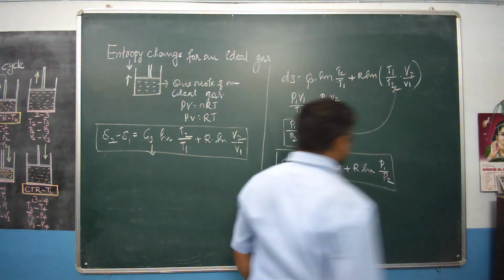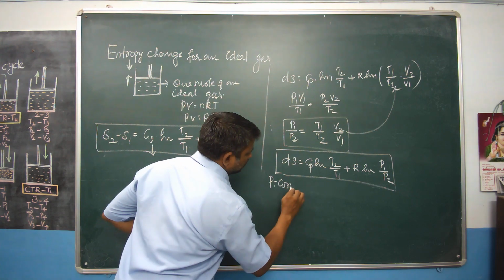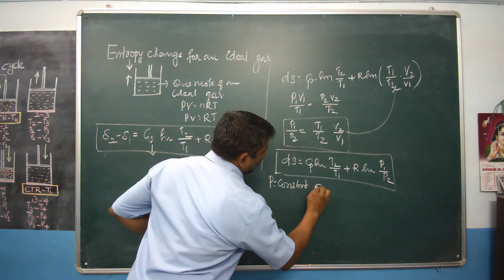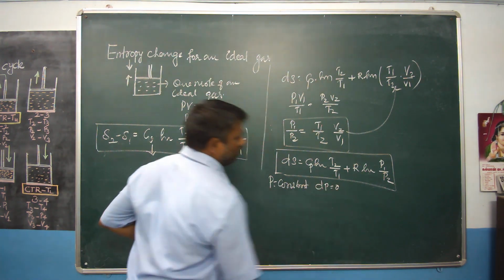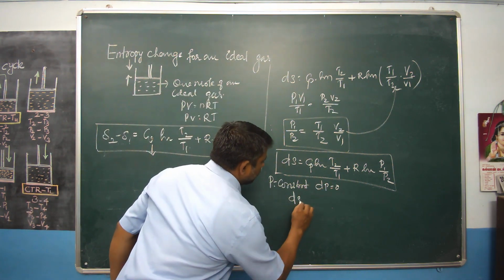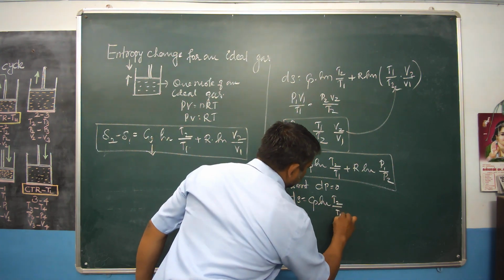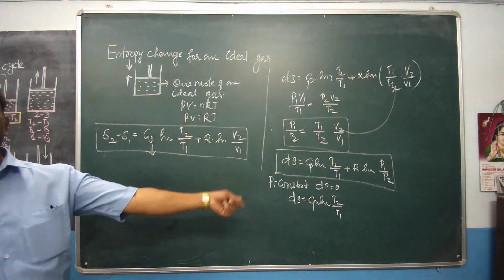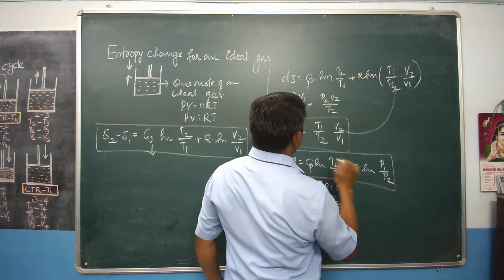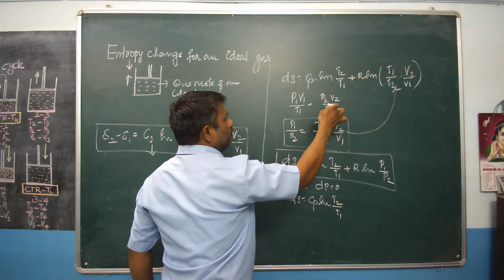When pressure is constant, the change in pressure is equal to 0. Hence, this equation becomes delta S is equal to Cp ln T2 by T1. The other form: P1 V1 by T1 is equal to P2 V2 by T2.